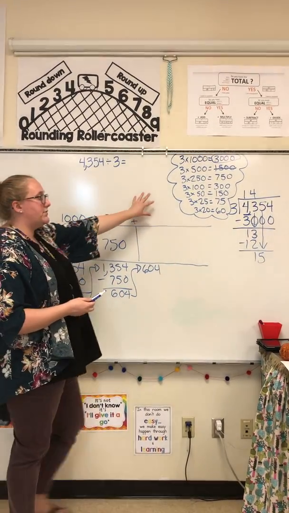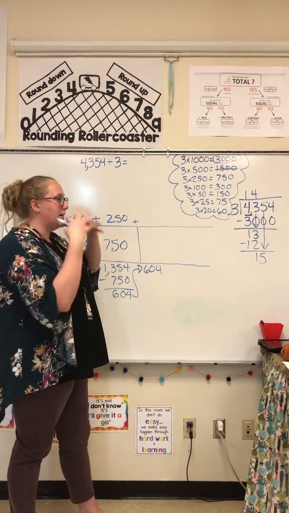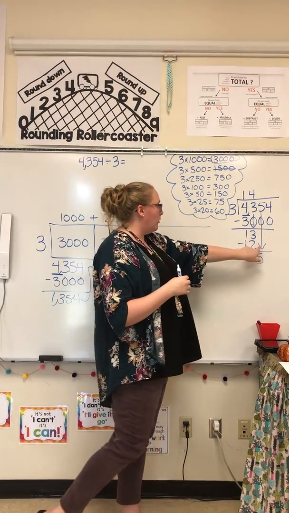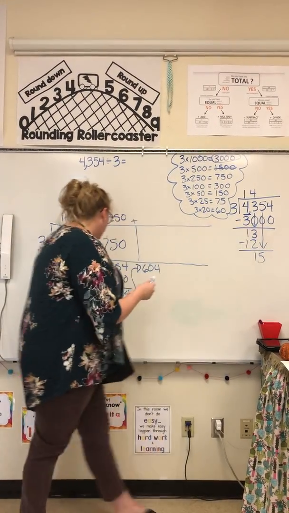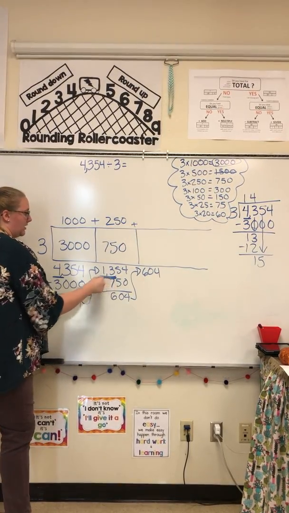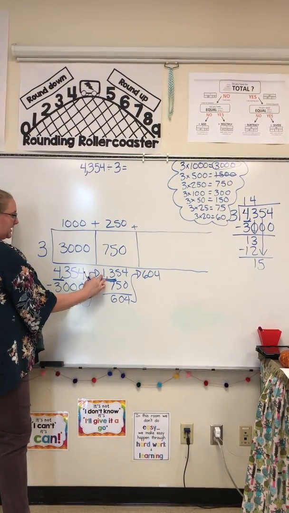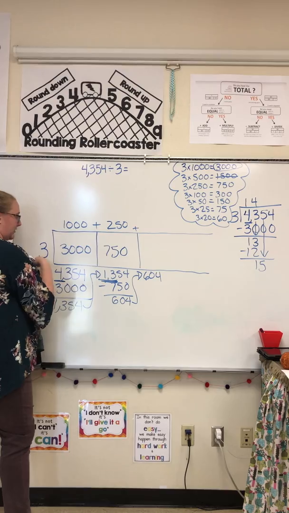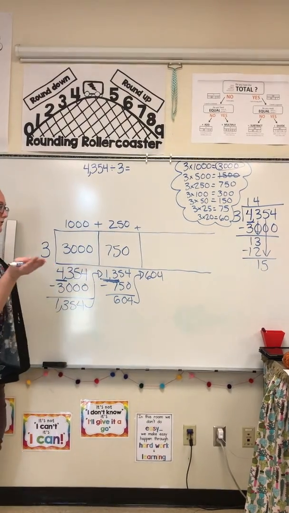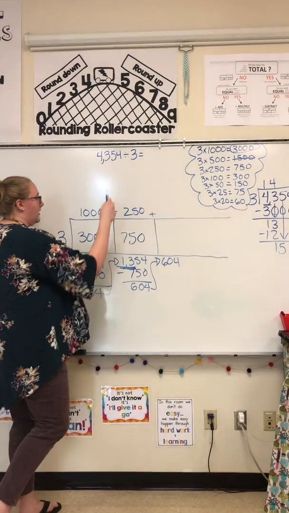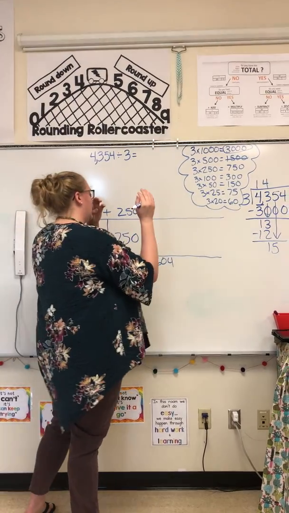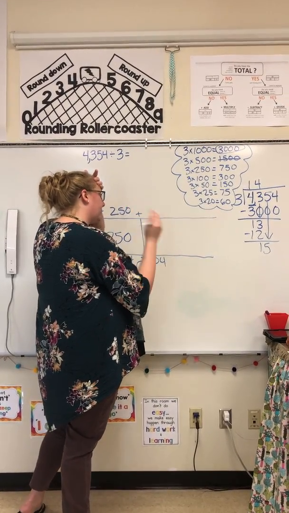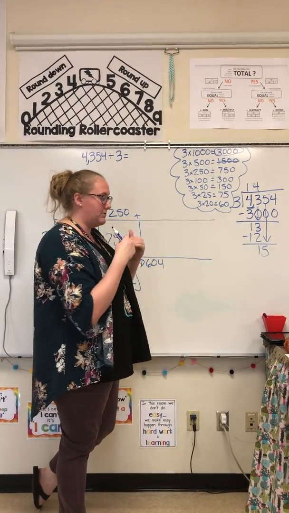If they didn't use friendly numbers and could reason with the 13 and the 3 right here, they could have said 13, what times 3 will get me close to 13 without going over? Well, 4, and so on and so forth. But friendly numbers are better for those that can't do that reasoning.